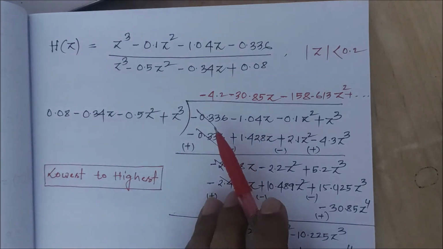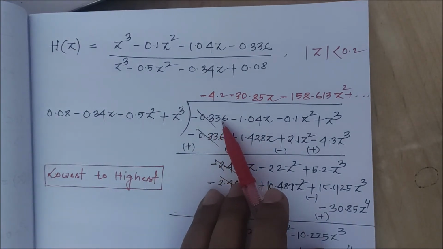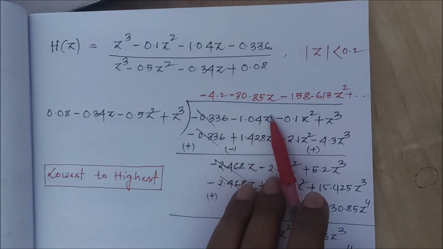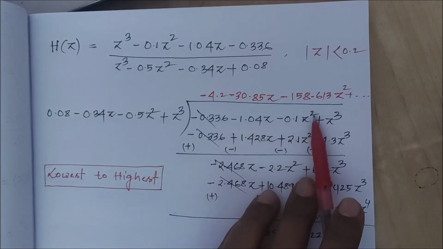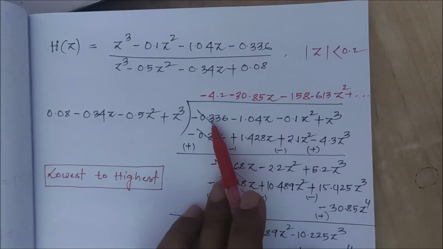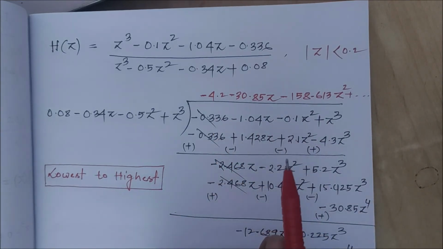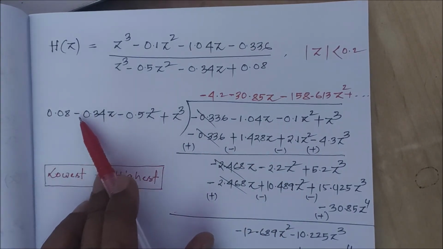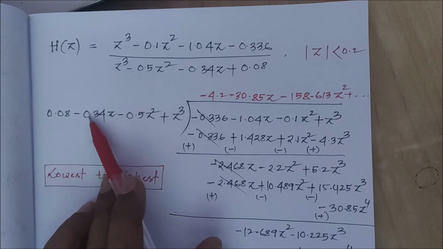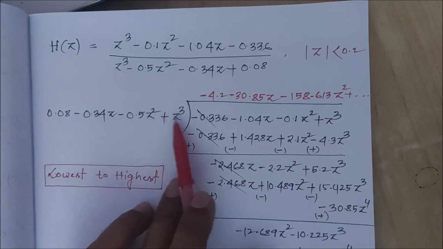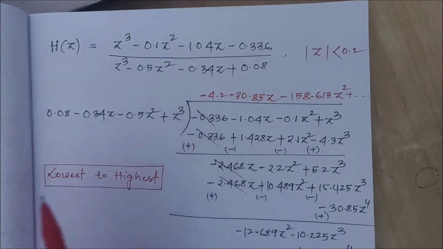So you can see here minus 0.336 z to the power 0, minus 1.04 z to the power 1, minus 0.1 z to the power 2 plus z to the power 3. So we have written it in the form of lowest to highest power of z. In the same way the divisor is written as 0.08 z to the power 0 minus 0.34 z to the power 1 minus 0.5 z to the power 2 plus z to the power 3, lowest to highest order.